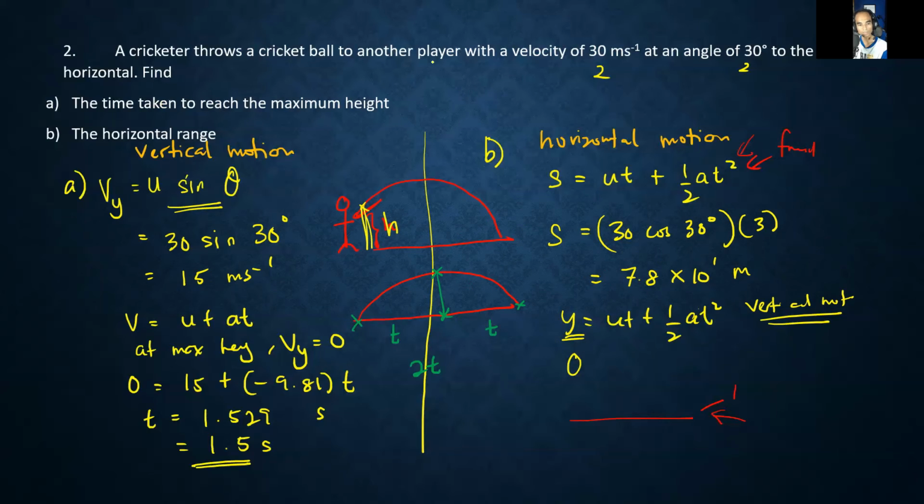But because the question didn't give the height, we assume that it started from 0 here and ended at 0, y0 and y0. But if the question gives you the height, then you have to use the one you are working with.